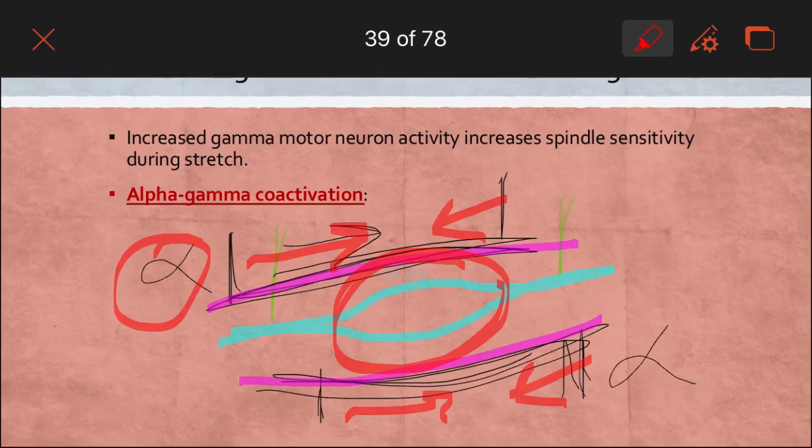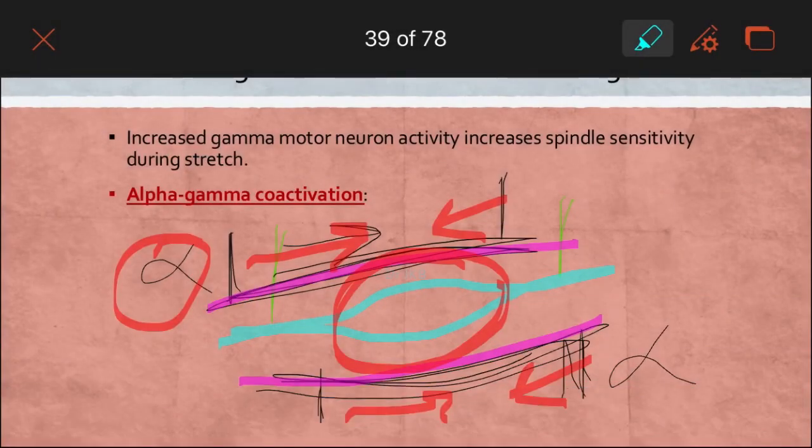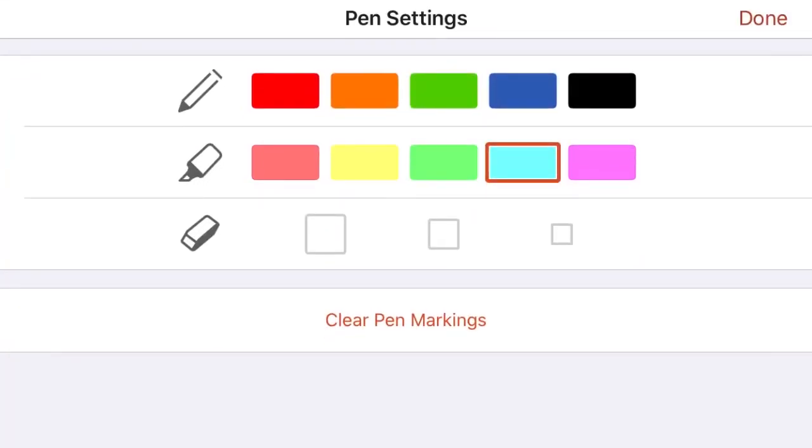Now, if instead of alpha motor neuron activity there is gamma motor neuron activity, this green one, what will they do? They will make this end and this end contract. So, this end contracts in this direction, this end contracts in this direction. What will be the final effect on the muscle spindle?